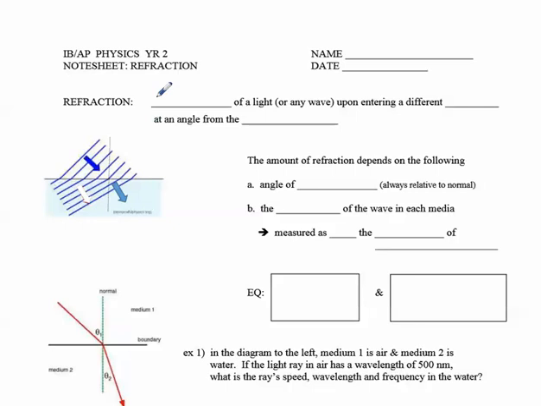Okay, so like reflection, refraction is the bending of light. And the bending of light, or any wave for that matter, isn't because it's bouncing off a surface, but that's reflection. It's because it's entering a different medium.